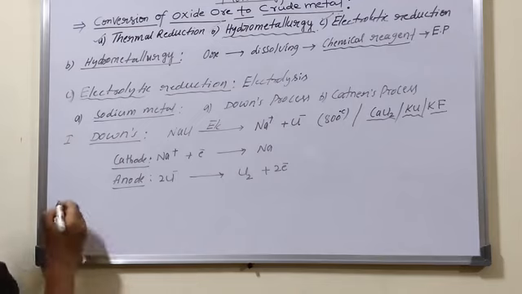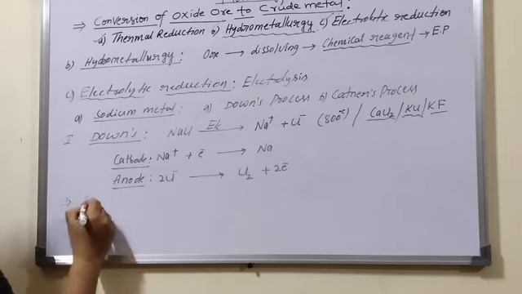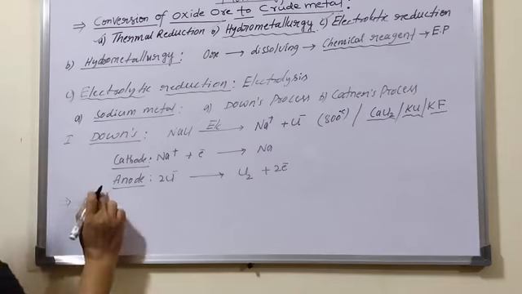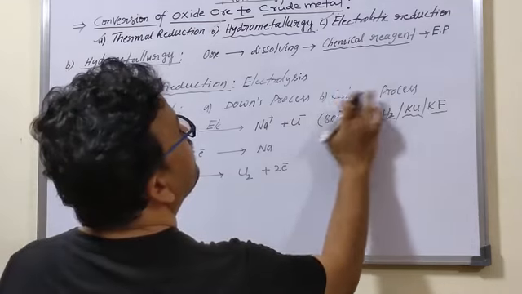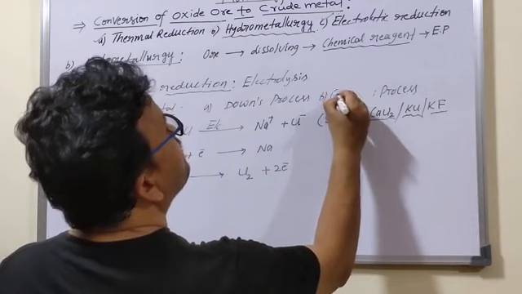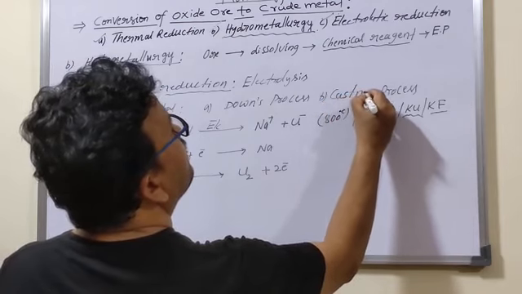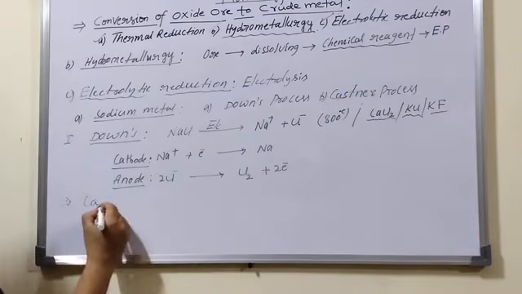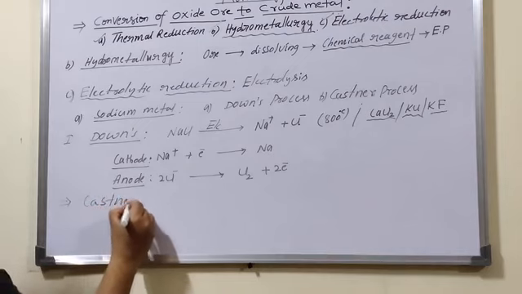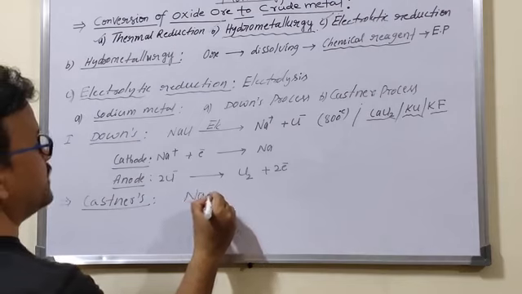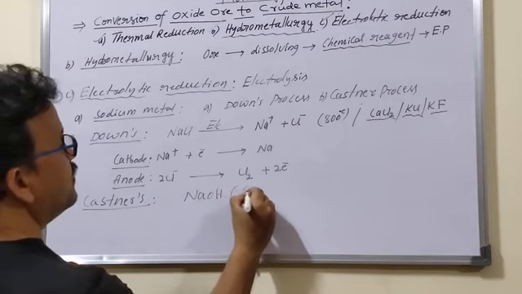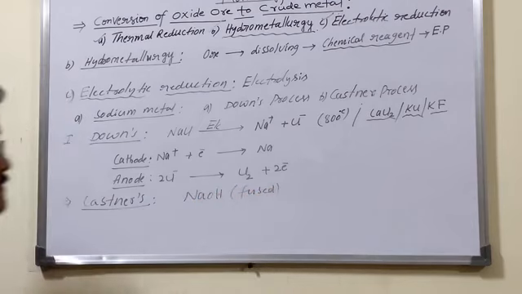Next one we have is the Castner method. In the Castner process, we are using NaOH in fused form.